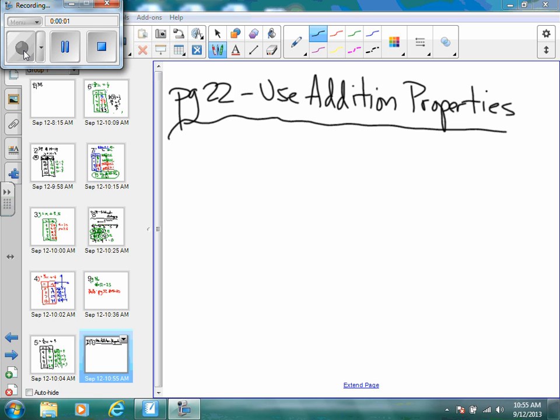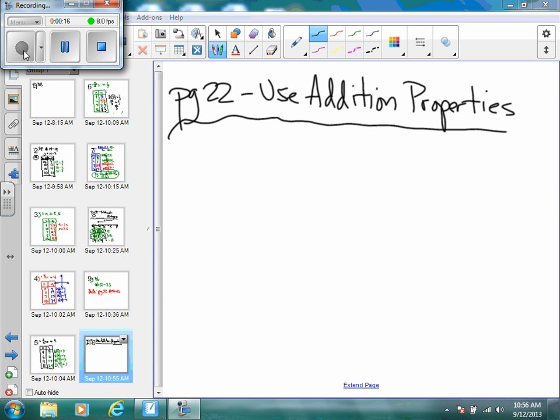To use addition properties. Today we're going to explore different ways that we look at addition problems. We're going to look at different options within each addition problem.